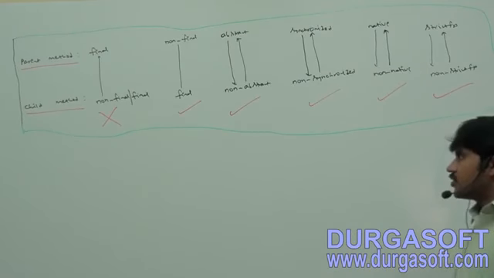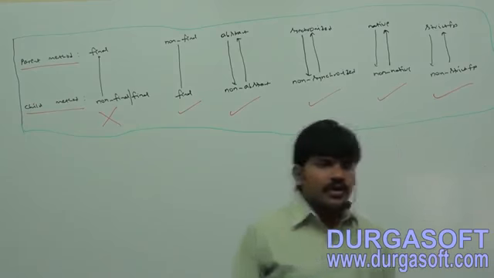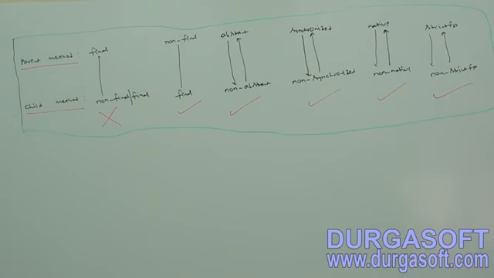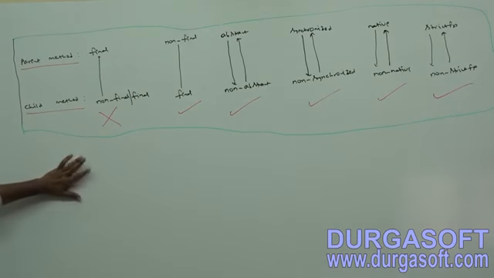Strictfp to non-strictfp, like parent class method, child class method. Now the terminology is very, very clear for you people.